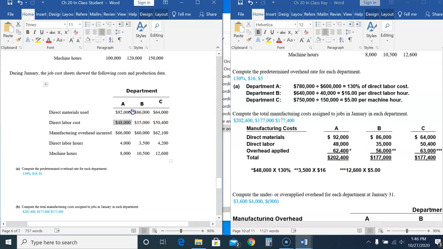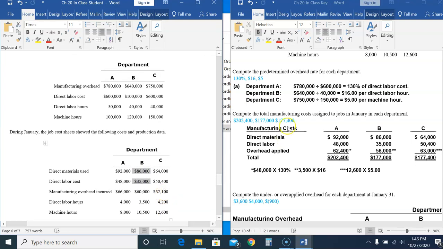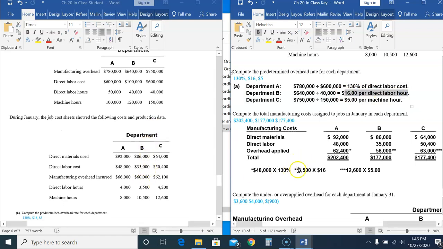Department B, direct material cost actual, direct labor cost actual, and then Department B is allocated overhead based on $16 per direct labor hour. $16 times actual direct labor hours of 3,500 gives me overhead applied of 56,000. Total direct materials, total direct labor, total overhead applied, 177,000 total manufacturing cost.